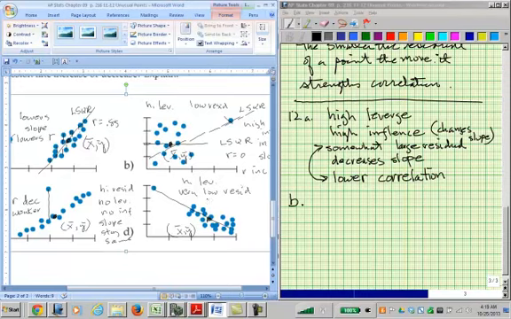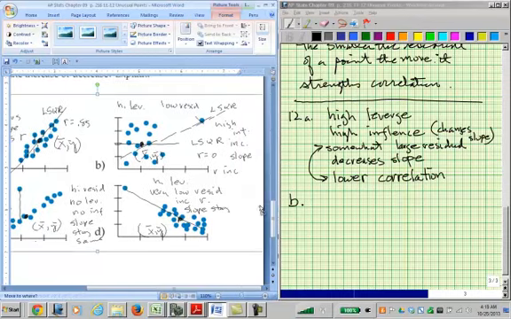So it will increase R. It will make correlation stronger, but slope stays the same. So it's not influential. It does not change the slope of the line, so it's not influential.